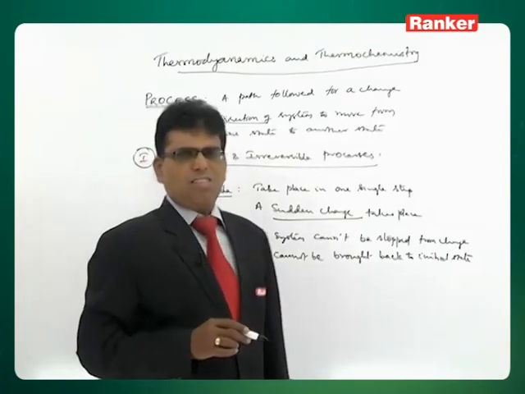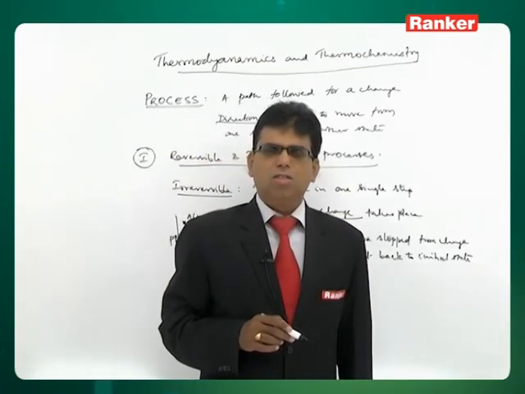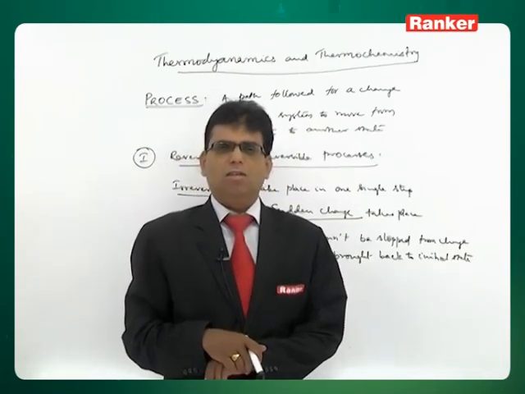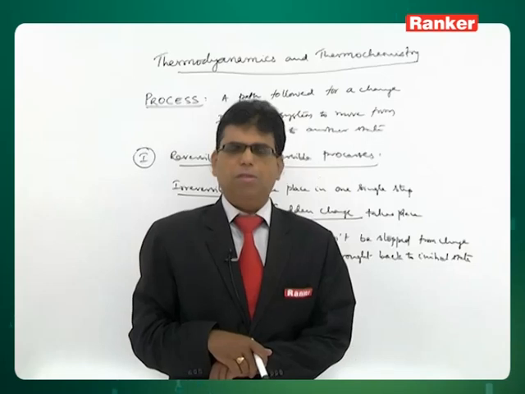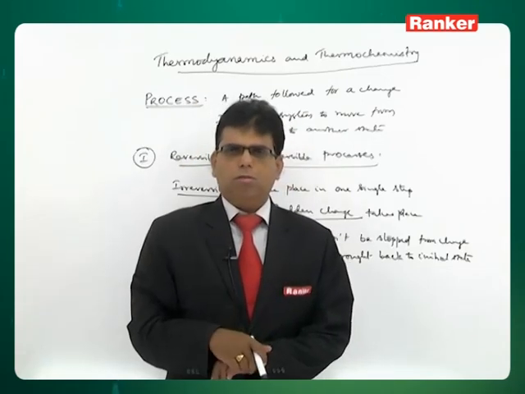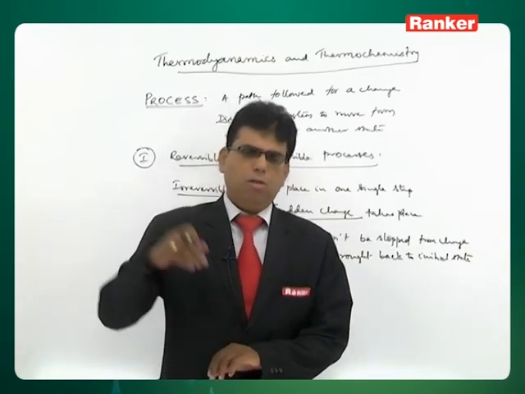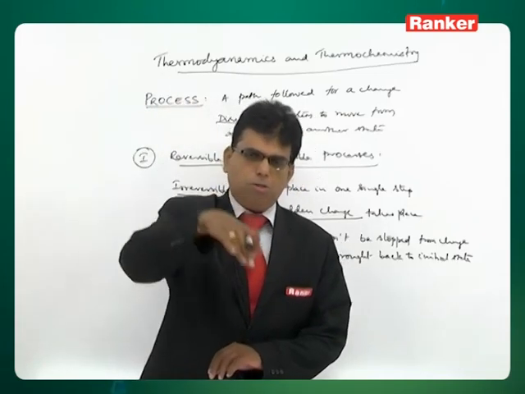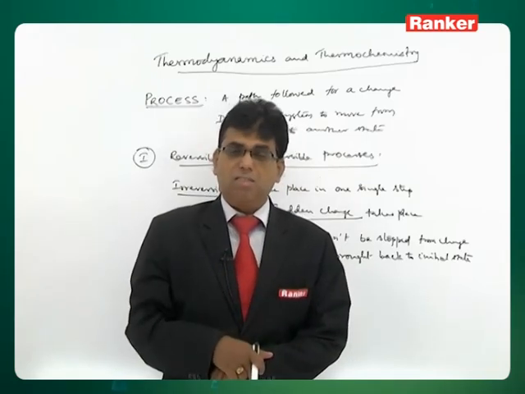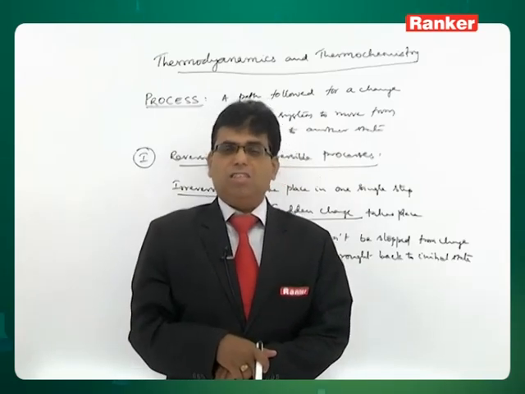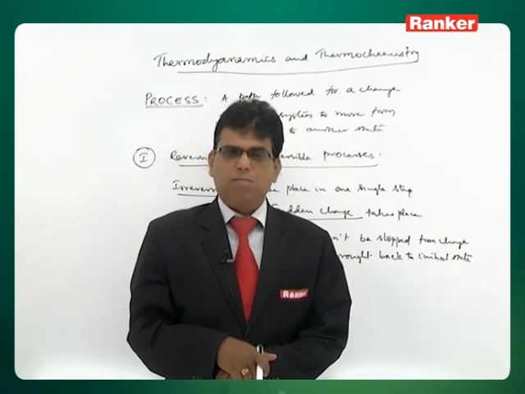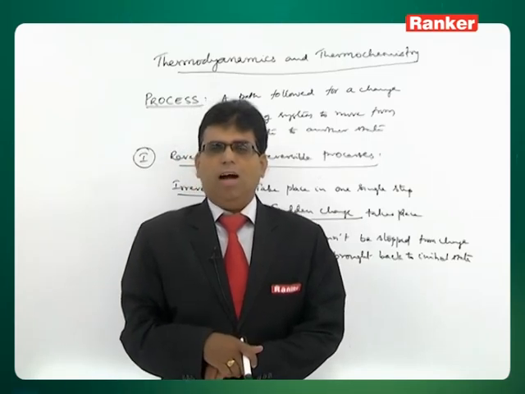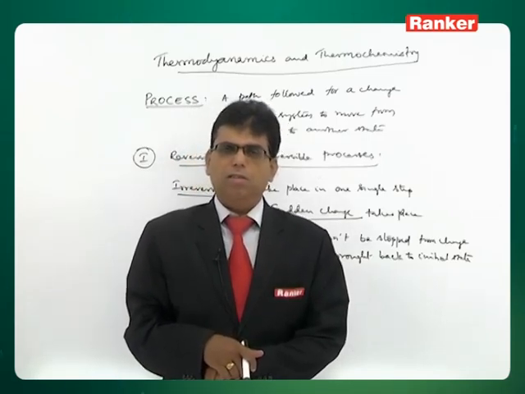The best examples here is that jumping down from the top of a hill is irreversible process. From the higher floors, that is irreversible process. Rolling down a stone from the top of a hill is irreversible process. Once it starts, again the stone cannot come back, and it cannot be stopped in between.